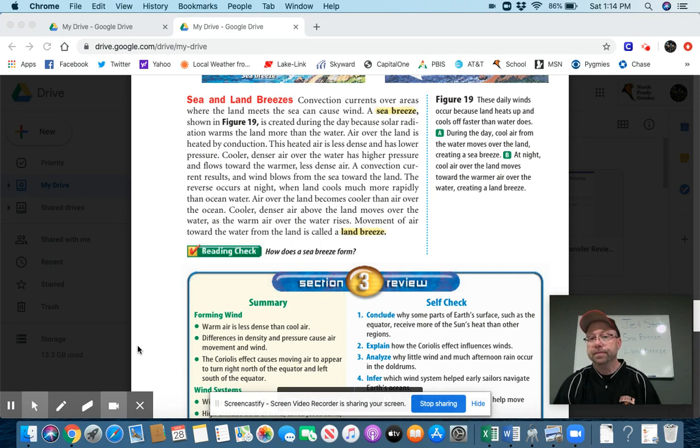After that, there will be a more substantial quiz, let's say 15 to 20 questions, that's going to encompass the entire chapter. If you'd like to think of it as a chapter test, you may think of it that way, but it will be, as I said, in the neighborhood of 20 questions or so. If everything goes well, on Wednesday, we'll start talking about weather.